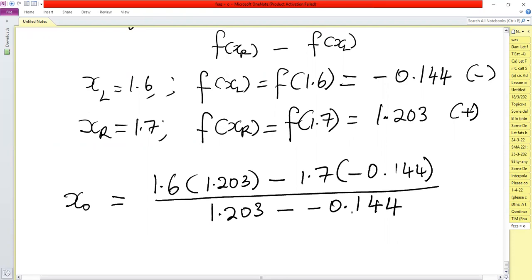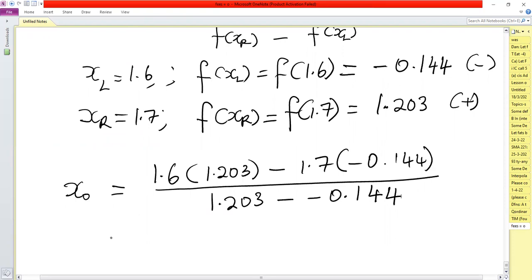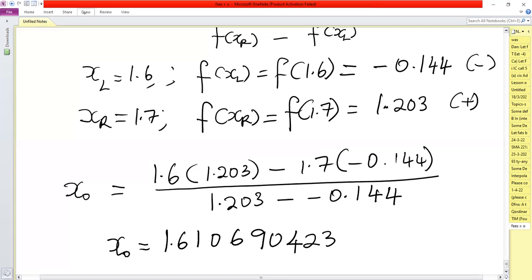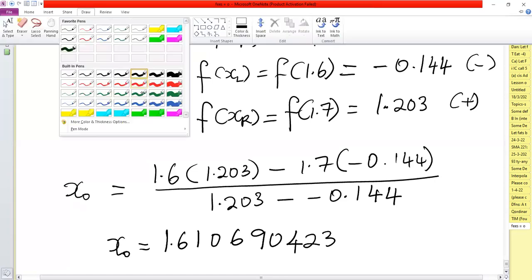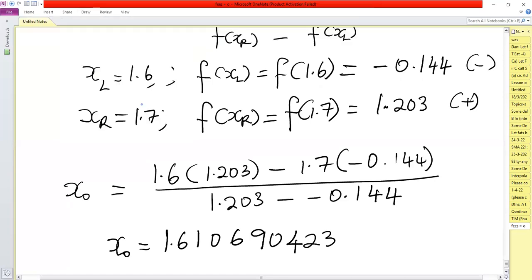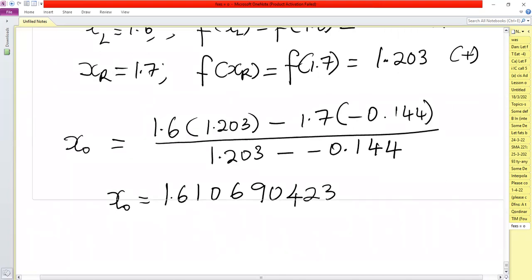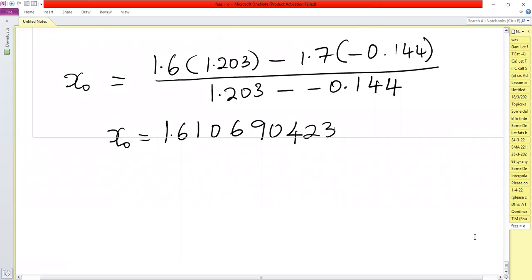Now, using your calculator, you find x naught to be 1.610690423. Remember, when you're doing these approximations, you write all the digits the way the calculator displays for you to get a proper approximation.